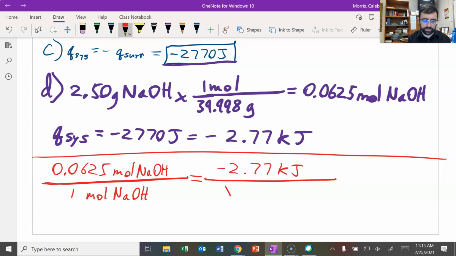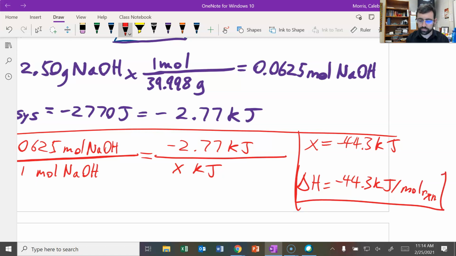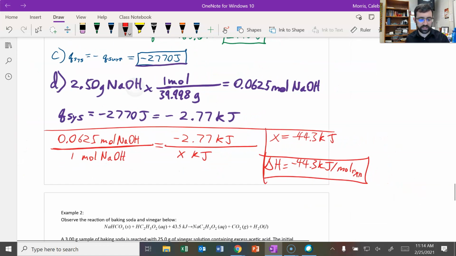That's my known. My unknown is the amount of kilojoules that's produced by 1 mole. So we rearrange and solve for x. X equals negative 44.3 kilojoules, which means that delta H is negative 44.3 kilojoules per mole of reaction. That's our answer we're looking for in part D.